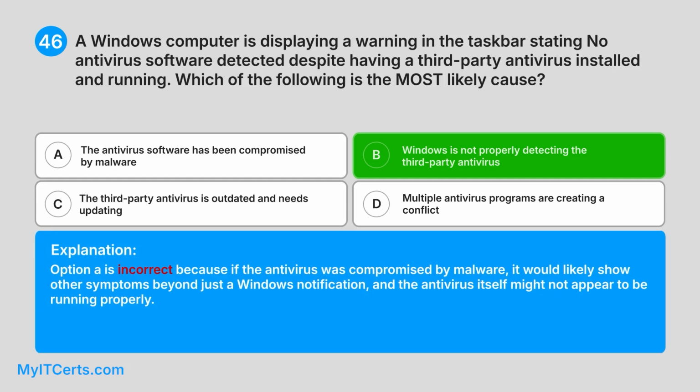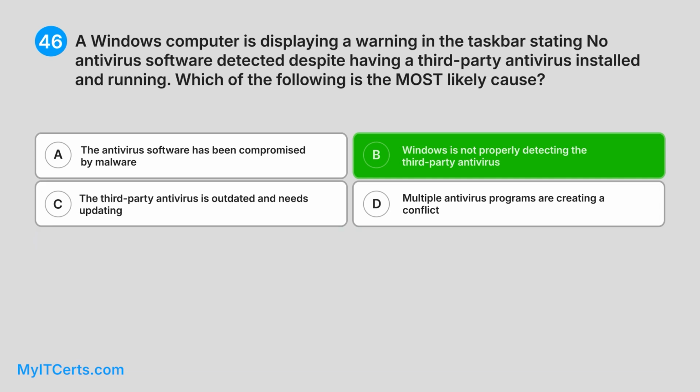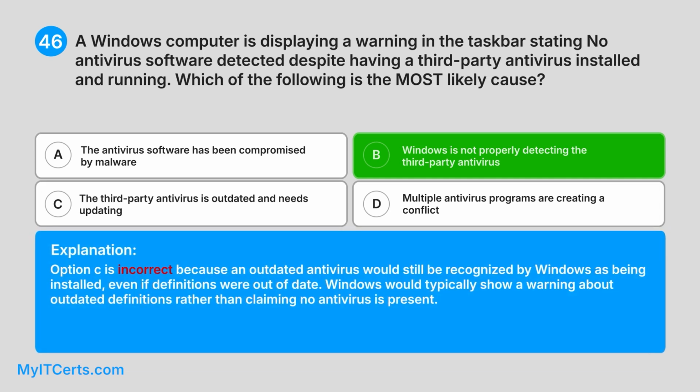Option A, the antivirus software has been compromised by malware, is incorrect because if the antivirus was compromised by malware, it would likely show other symptoms beyond just a Windows notification, and the antivirus itself might not appear to be running properly. Option C, the third-party antivirus is outdated and needs updating, is incorrect because an outdated antivirus would still be recognized by Windows as being installed, even if definitions were out of date.